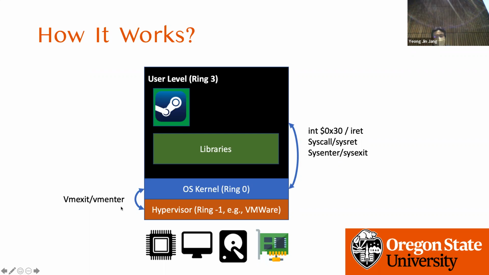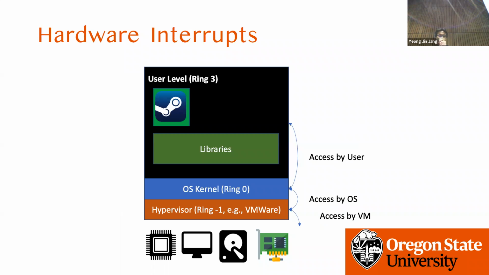And then how do we handle hardware interrupts in this kind of architecture? Previously, if a packet comes in, it goes to the operating system directly and is delivered to the ring 3 application.